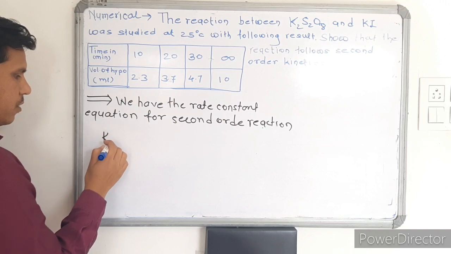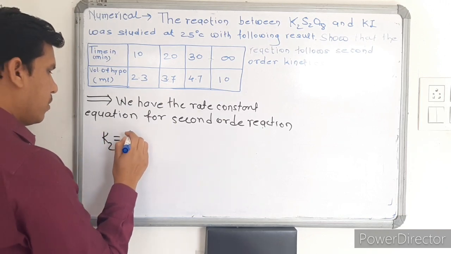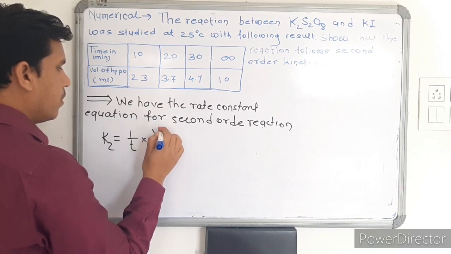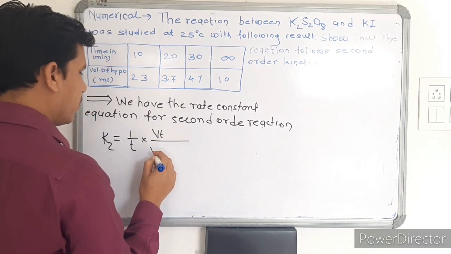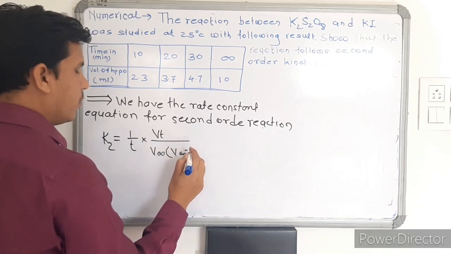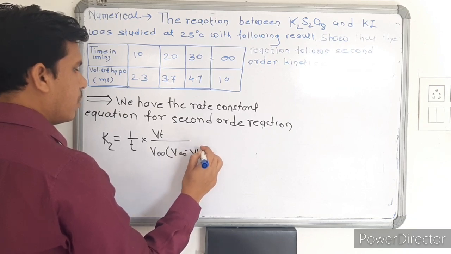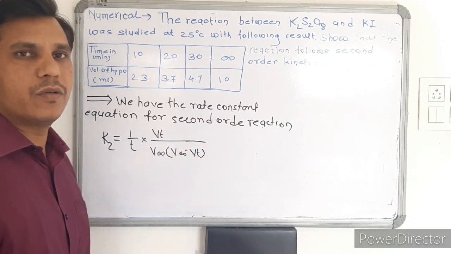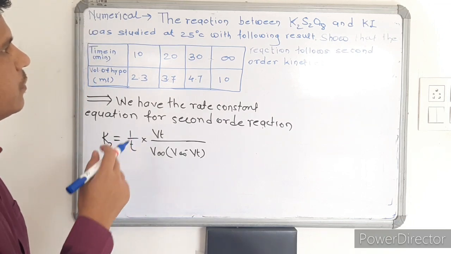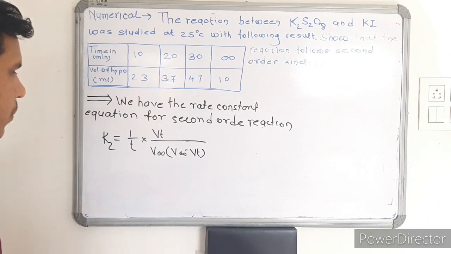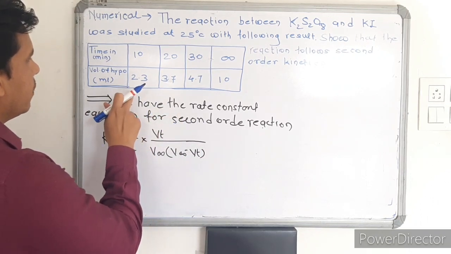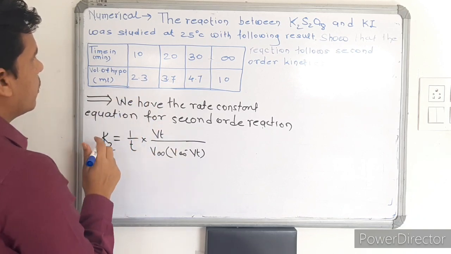And the equation is K2 is equal to 1 upon t into Vt upon V infinity into V infinity minus Vt. This one is the equation we have to use to determine the rate constant for the reaction between potassium persulfate and potassium iodide. The result of this reaction is given in the form of this table.